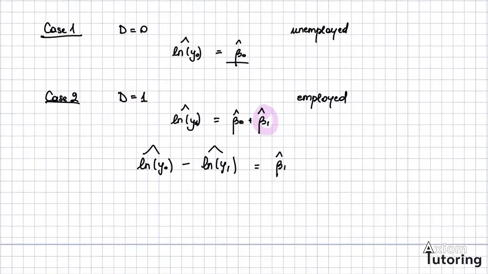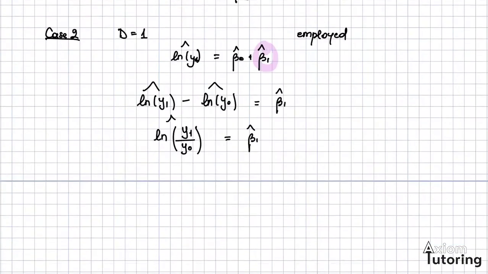Now, if we use the properties of the log function, that means that this is the ln of the ratio. And actually I should have done here ln y1 minus ln y0 to get exactly beta 1 instead of minus beta 1. And then here I'm going to have the ratio y1 over y0 inside the ln being equal to beta 1.